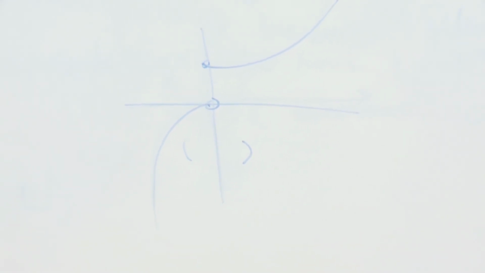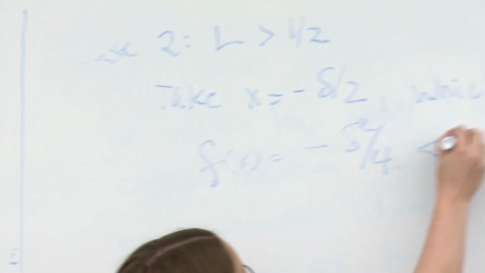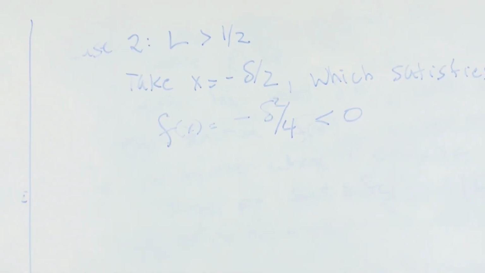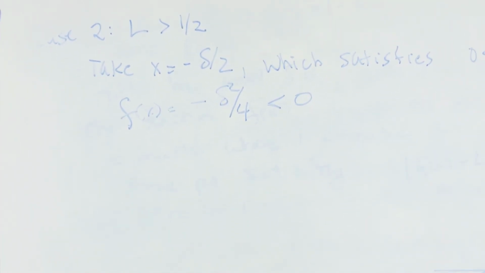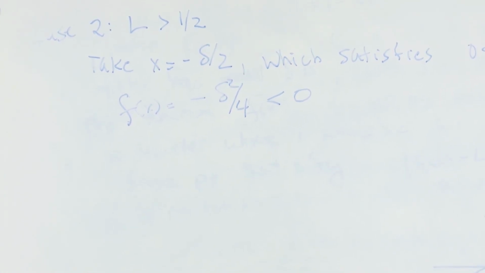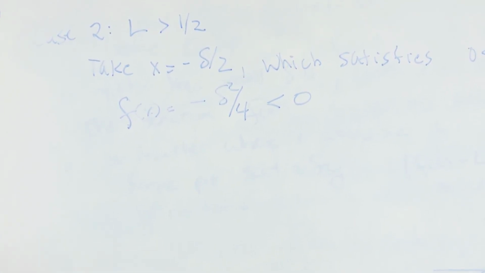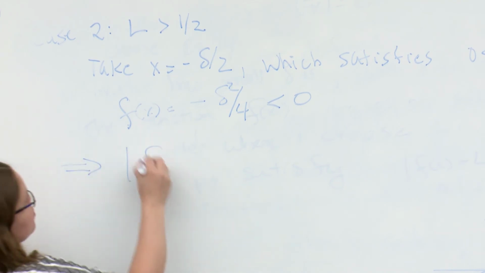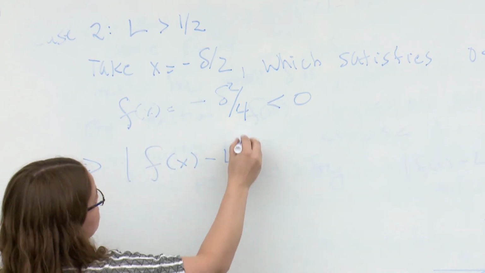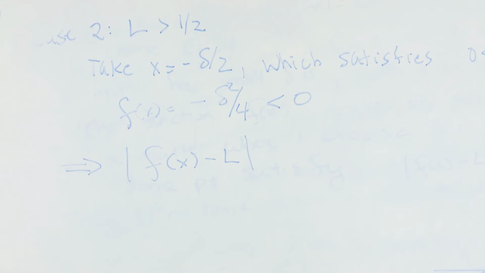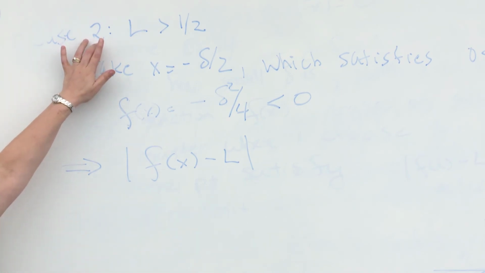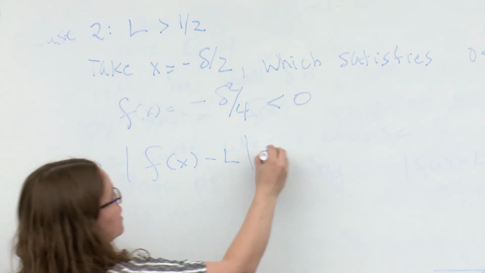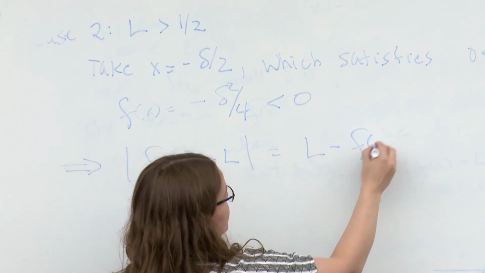Then f of x is equal to minus x squared here, so minus delta squared over 4, which is certainly less than 0. And again, I'm going to look at this difference, f of x minus L. This time L is positive and f is negative, so I need to switch the order of things if I want to drop the absolute value sign.